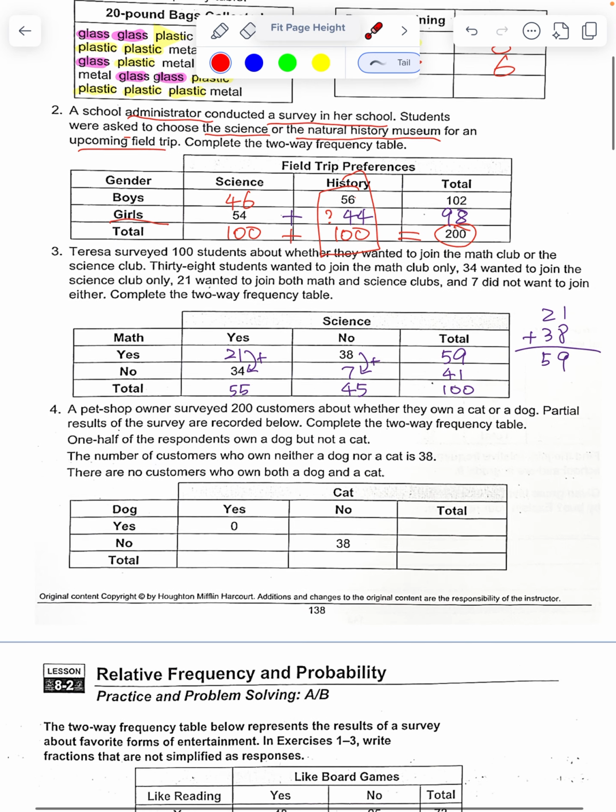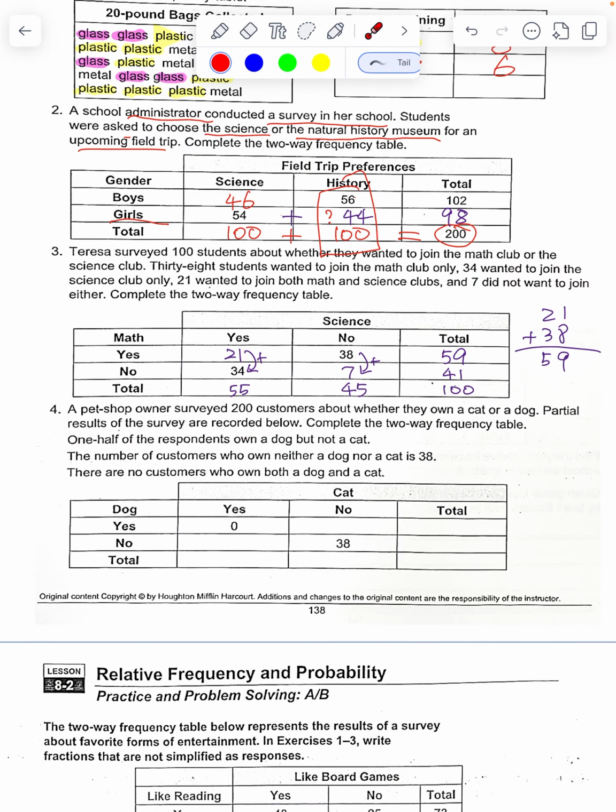Okay, number 3 is done. Now number 4. A pet shop owner surveyed 200 customers about whether they own a cat or dog. Partial result of the survey was recorded below. Complete the two-way frequency table. One half of the respondents own a dog but not a cat.